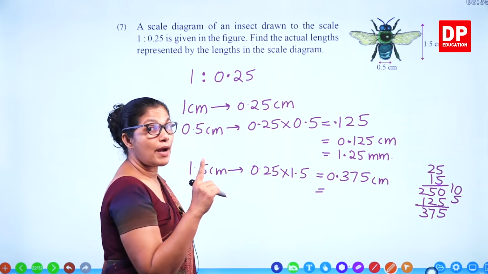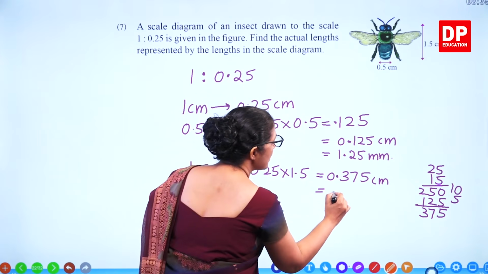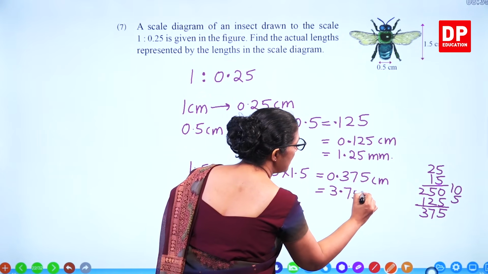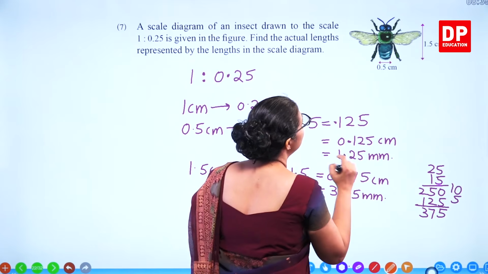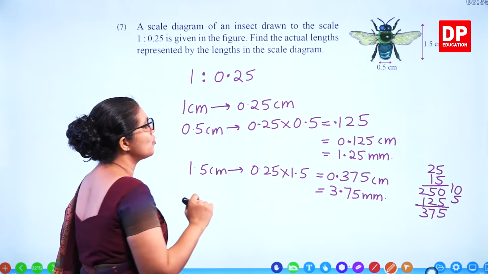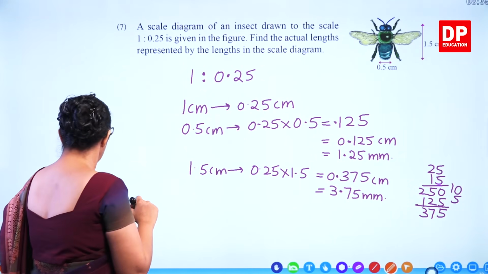When you multiply by 10, you get 3.75 millimeters. Those are the two measurements.